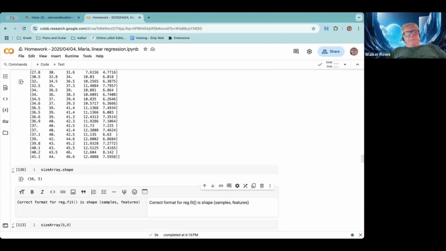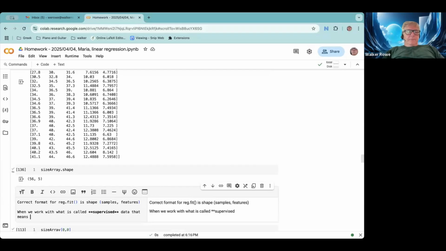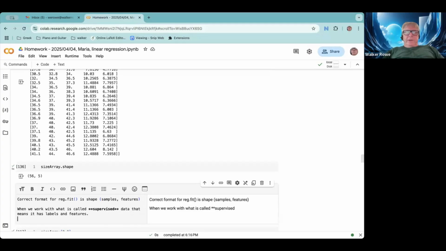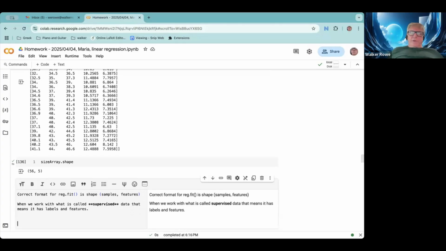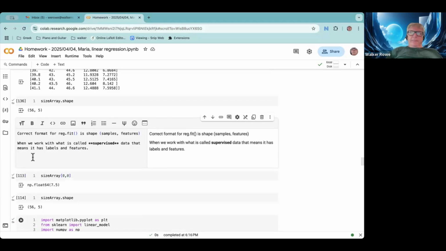Remember, one other thing I've got to say is, when we work with what is called supervised data, that means it has labels and features. How does facial recognition work? When you walk down the street and you're a criminal and the camera takes your picture, how does it know who you are? Well, it has police photos.